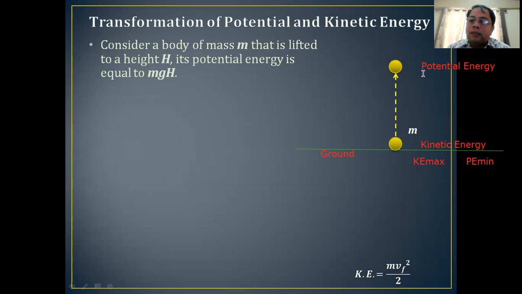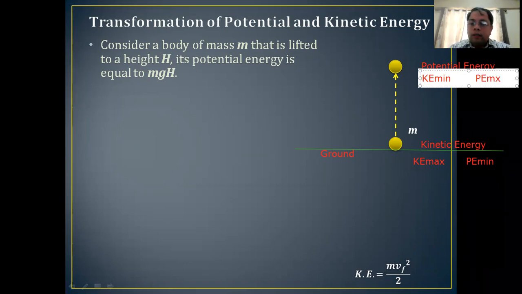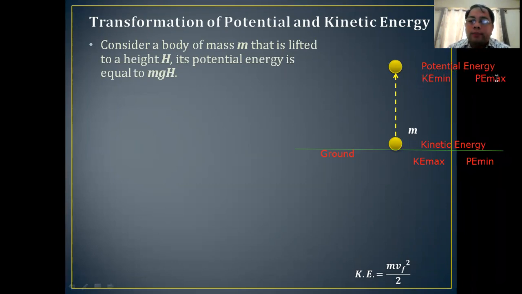But at the top, you will realize here that the kinetic energy will become zero. There's no motion there. So the kinetic energy will be the least in value. However, since it attains the highest height, then it will have the maximum potential energy at the top.